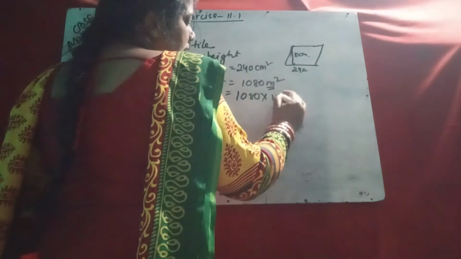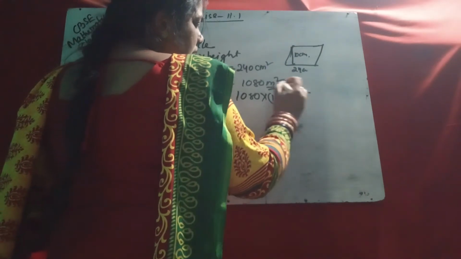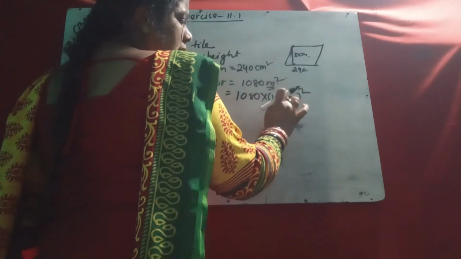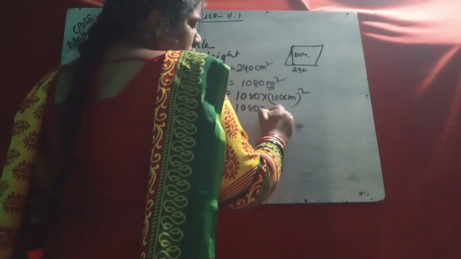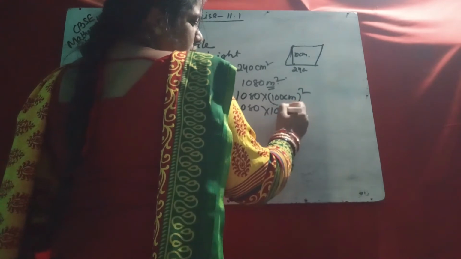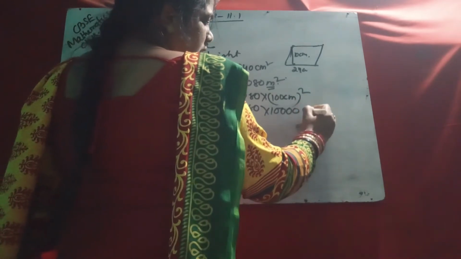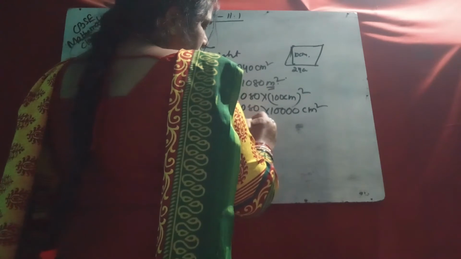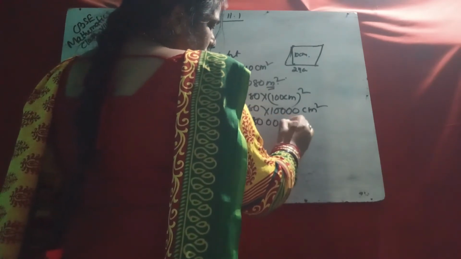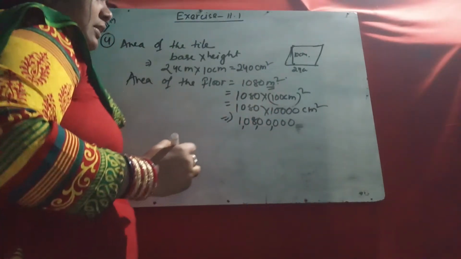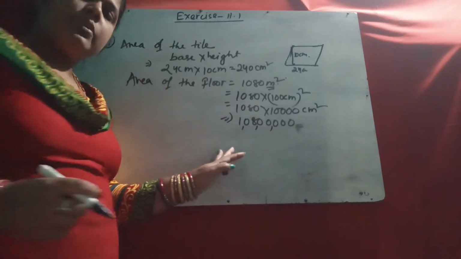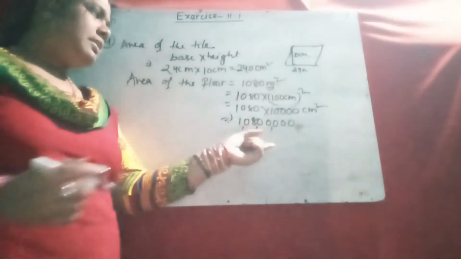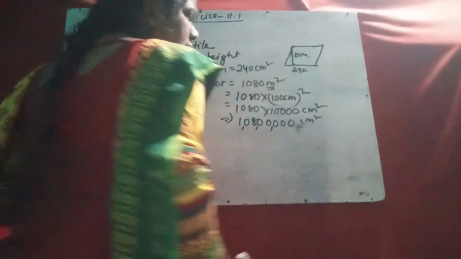So multiply by 100 into 100 centimeter square, that is 10,000 cm square. 1080 into 10,000 cm square, so the answer will be 1 crore 8 lakh cm square. Now you divide this area in cm square by the area of the tile.